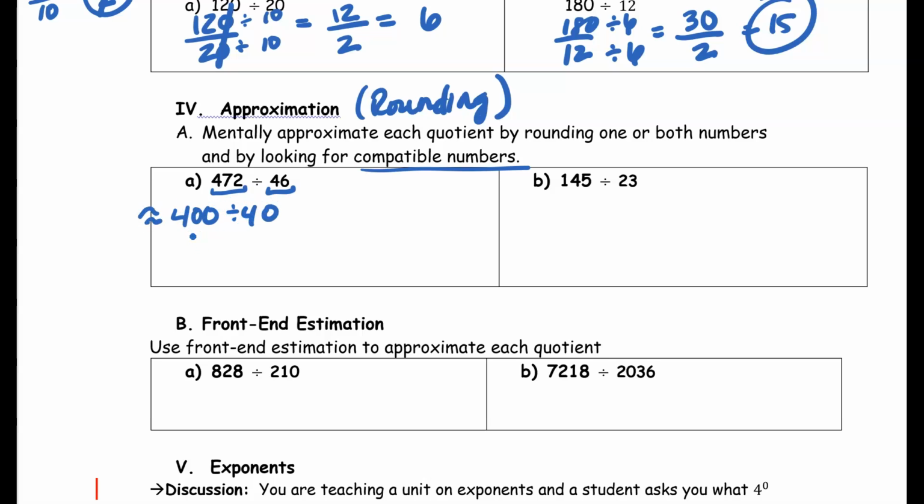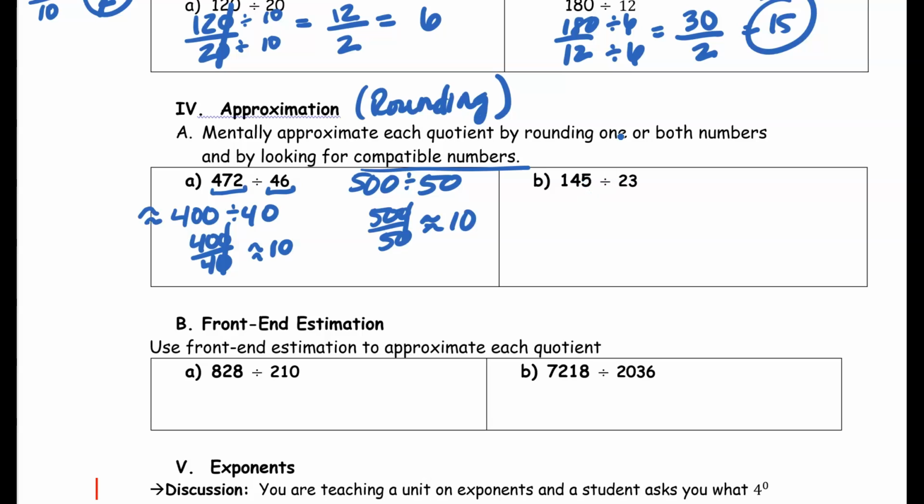That's one option. And if you write it like this, it's even simpler because you can cross off those zeros, and then 40 divided by 4 is 10. The other option would be maybe to make that into 500 divided by 50. So 500 divided by 50 also is equal to 10. So either one of those would be a reasonable option. And if you're thinking of something else, it could be a possible answer too. These are not the only possibilities here.